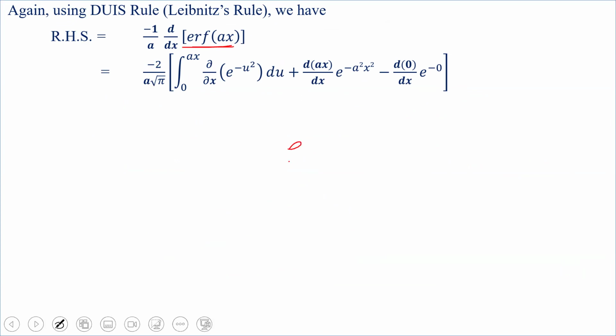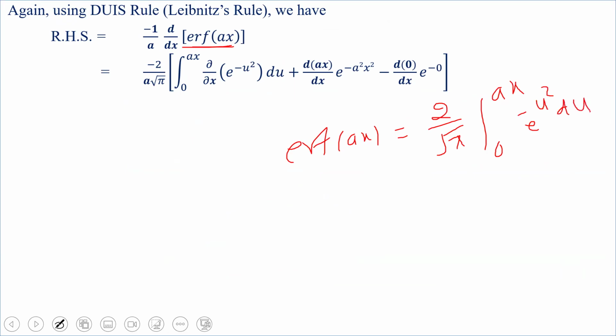We know that erf(ax) is equal to 2 upon root pi, integration from 0 to ax, e to the power minus u square du. So minus 2 upon a root pi, integration under the limit 0 to x, derivative with respect to x, because we want to differentiate with respect to x.